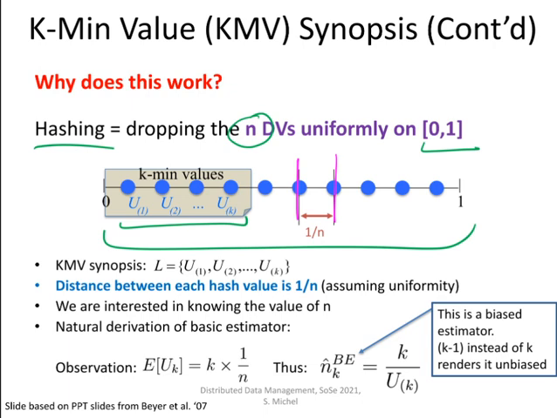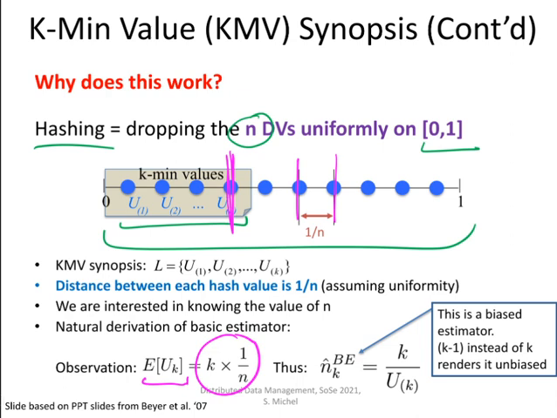So how can we get n in this problem? Well, look at the k-th smallest value. How large is this in expectation? Well, it is k times the gap. The gap is 1 divided by n, so it's k times 1 divided by n. This is the expected value for uk.